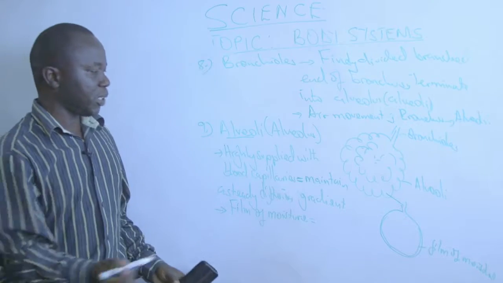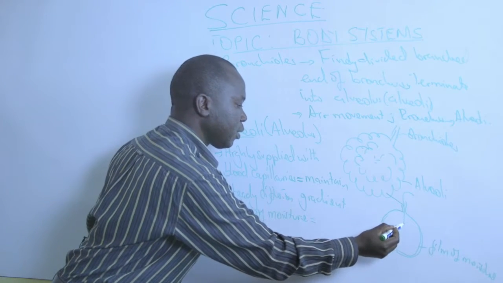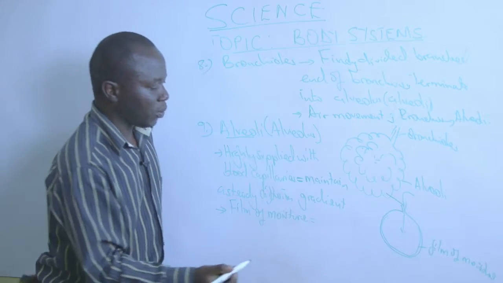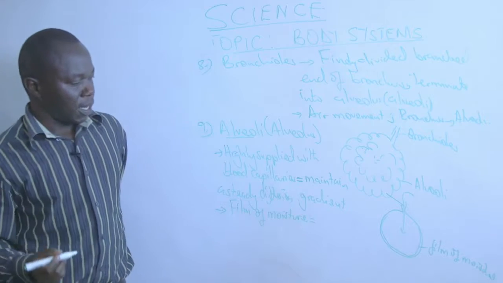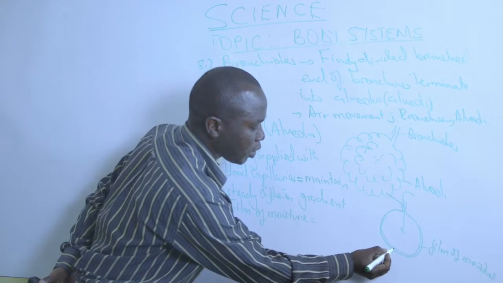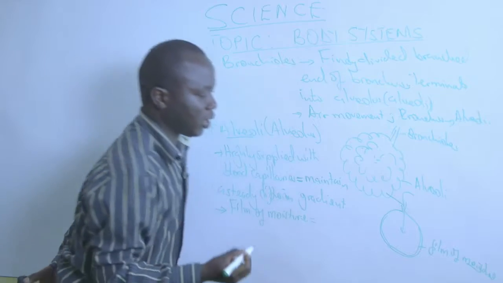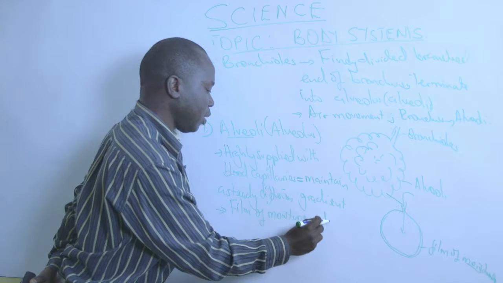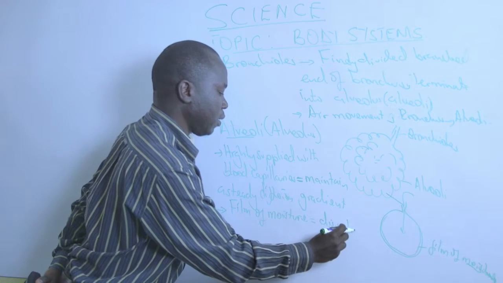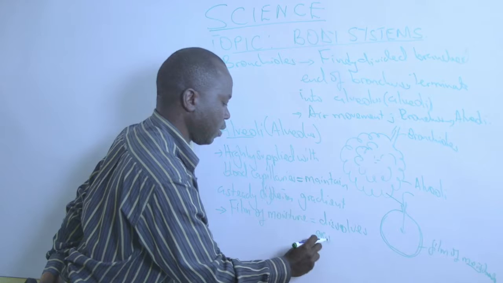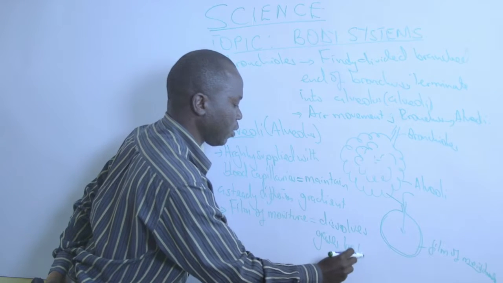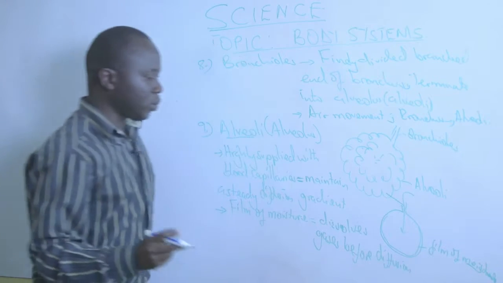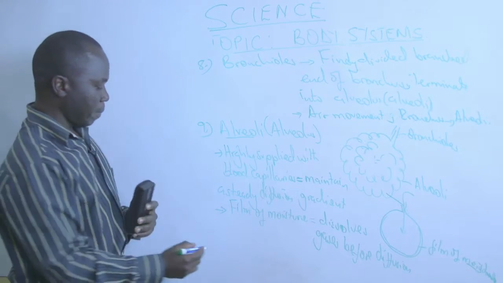What is the role of the film of moisture? When air comes into the alveoli, air is in gaseous form, that one you know. For it to reach other parts of the body, it has to dissolve in this moisture. So the role of the film of moisture is to dissolve gases before they can diffuse into the body cells.